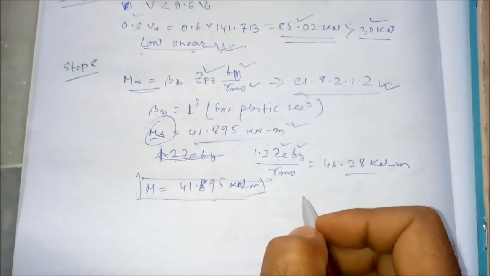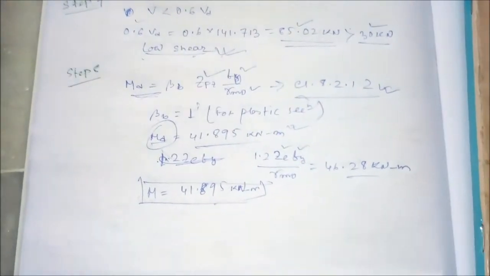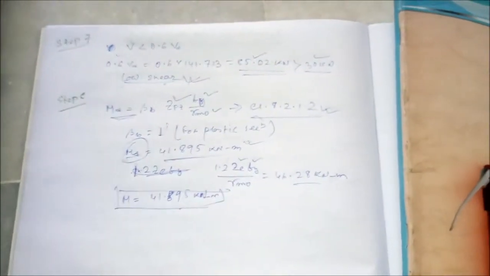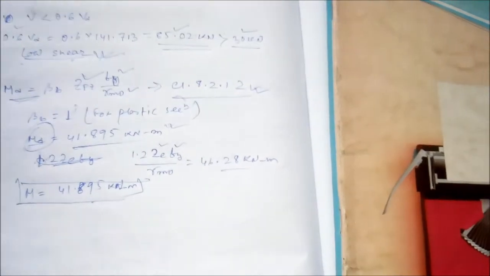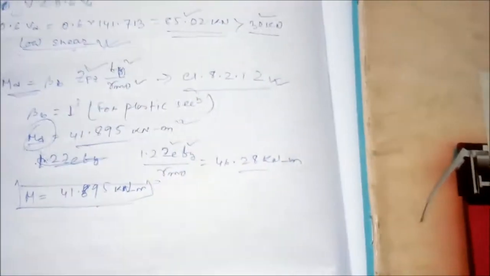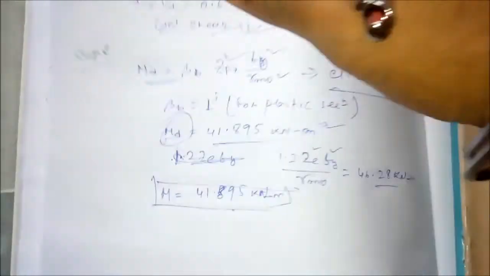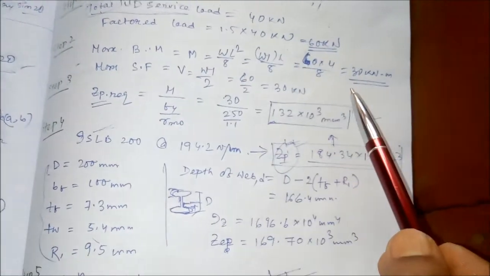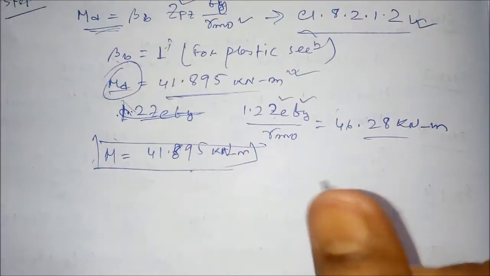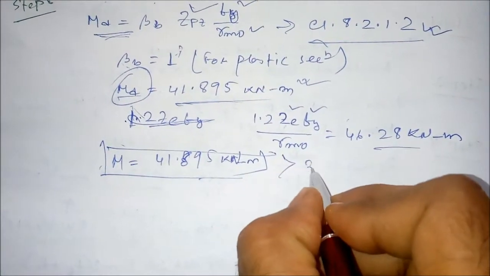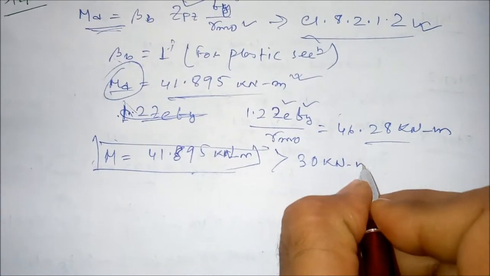What was our maximum bending moment? In this case our maximum bending moment was 30 kilonewton meter. So our design bending strength is greater than 30 kilonewton meter.